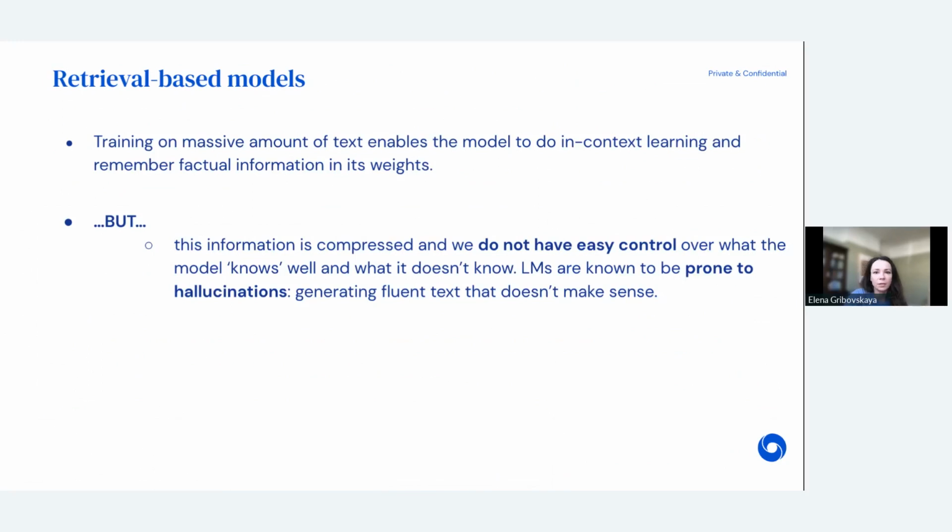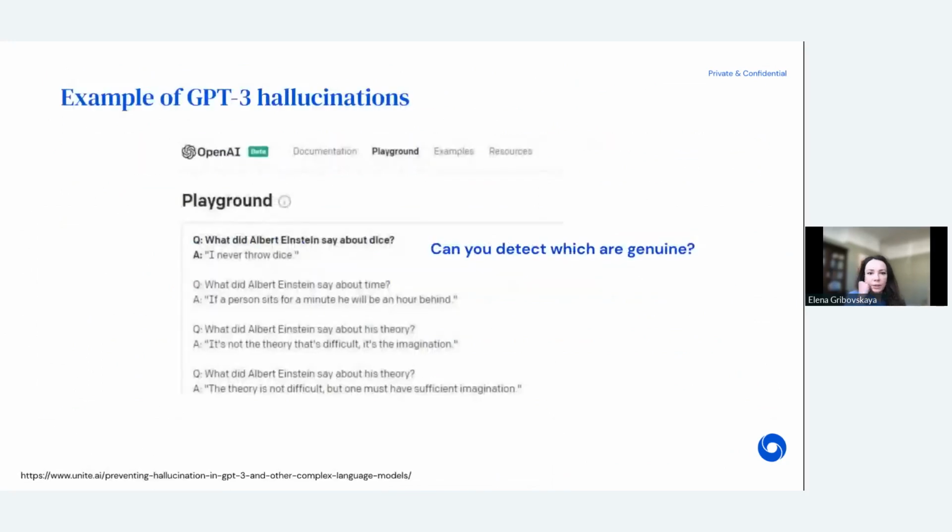Consider this example. We prompt GPT-3 with the question, what did Albert Einstein say about dice? And the model answers, he said, I never throw dice. Then we prompted with a couple more questions, and each time GPT-3 provides an answer, it never says that it doesn't know.